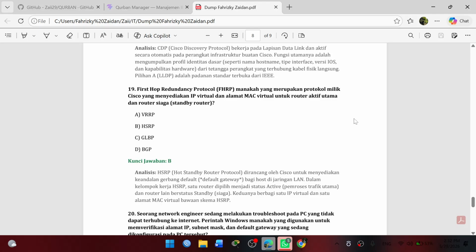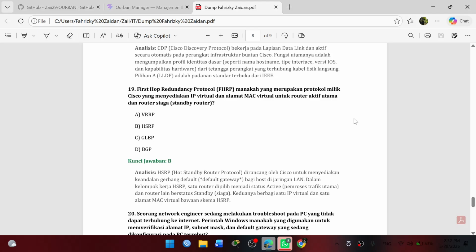It was designed by Cisco to provide default gateway redundancy. Within an HSRP group, one router is elected as active to forward traffic, while another sits in standby mode. Both routers share a single virtual IP and virtual MAC address seamlessly.